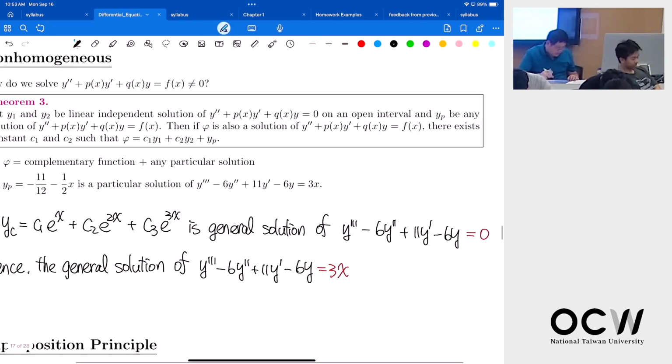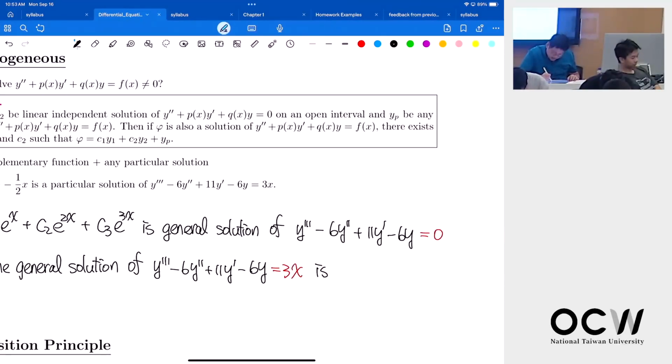That solution is your homogeneous solution plus your particular solution.